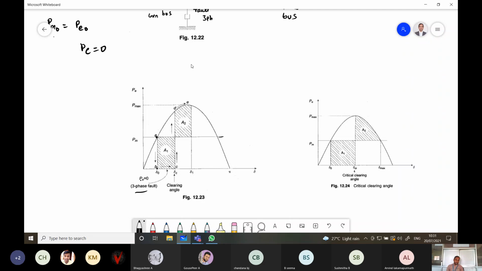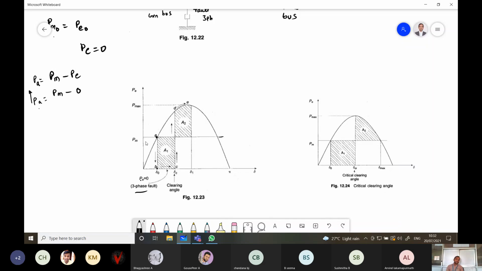Now what happens to the PA? PM minus PE. Only PM is present. PE becomes 0, so the accelerating power will increase. The mechanical power is high, the electrical power is 0, and the machine will be accelerating.